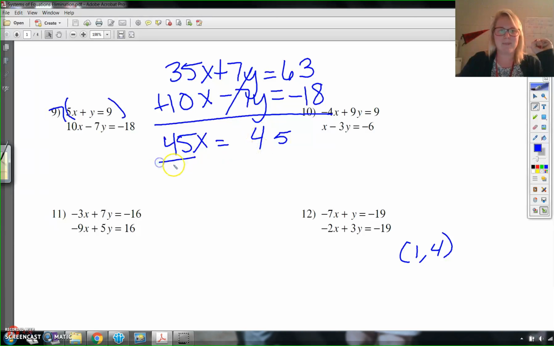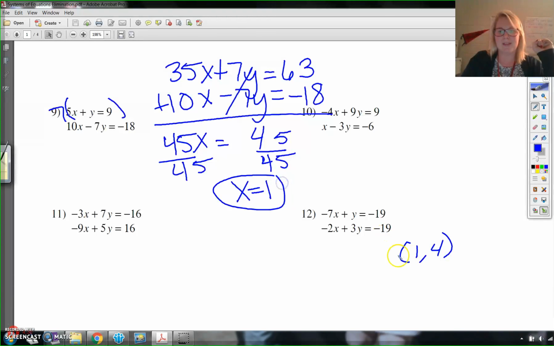Yes. Divide by 45, divide by 45, and x is 1. Hey, that's the same thing I got before. Let's see when I plug in. So 5 times 1 plus y equals 9. Well, 5 plus what equals 9? 4, right? So that's where I get y is 4 as well.